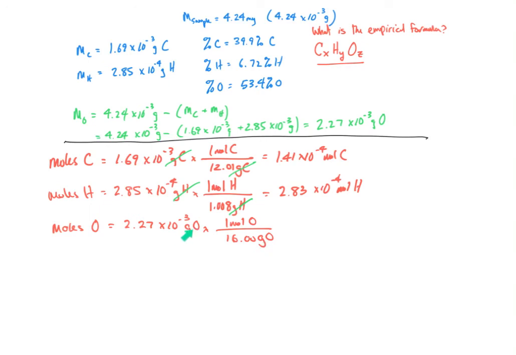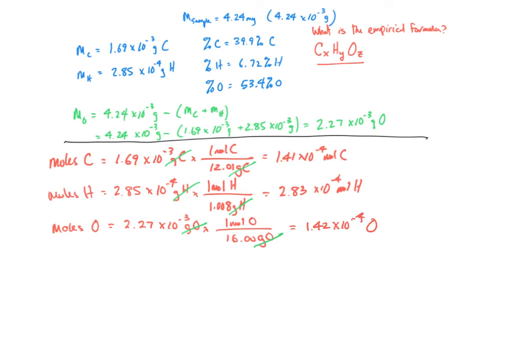It's because we're dealing with one oxygen atom here, one hydrogen atom here. It's not molecular oxygen or molecular hydrogen. Okay, so grams oxygen will cancel grams oxygen, and this is going to equal 1.42 times 10 to the minus 4. I've rounded to 3 sig figs at the end of each step, which is why we end up with these numbers.